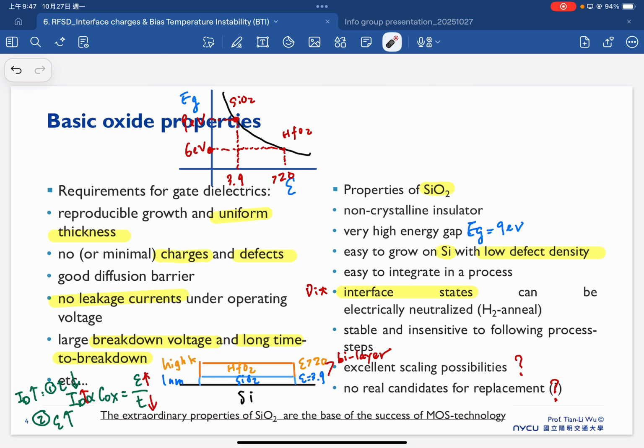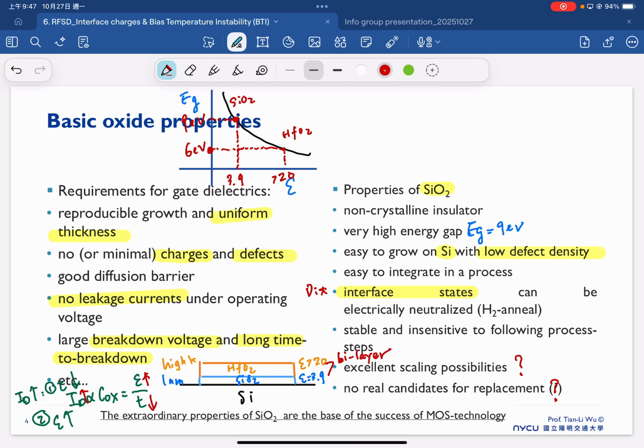That's why we come up with this kind of bilayer, because in this case, we can always have this high dielectric constant material to boost our current. There's one particular name for this technology that we call high K.